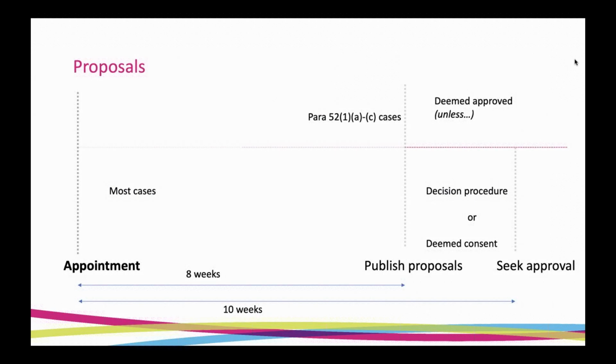Now, I've tried to put this together in a diagram to see if I can make some sense of all of this. So what we've got here is 8 weeks to publish your proposals. And you always have to publish proposals.